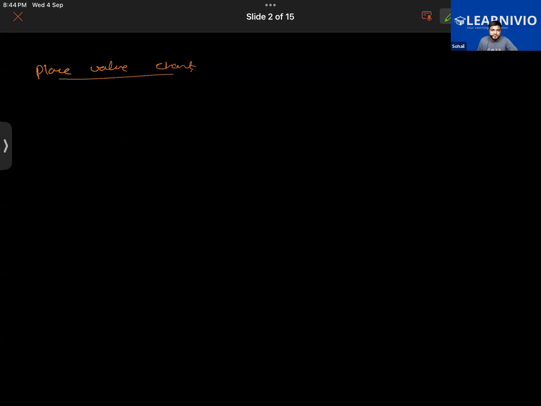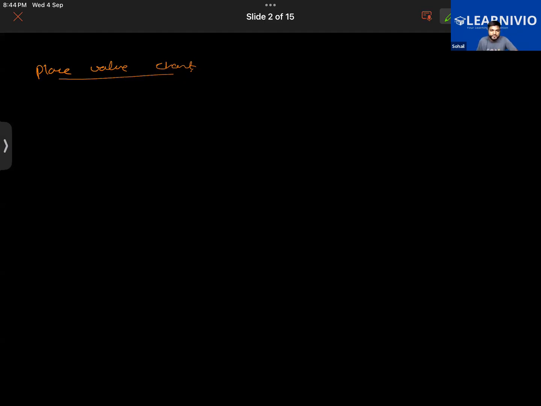I am asking about the chart, not about face value. Basically, it's a table, a very helpful table with the help of which we can find the place value of any digit.